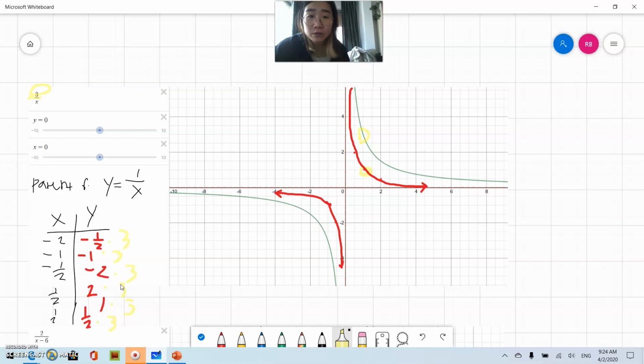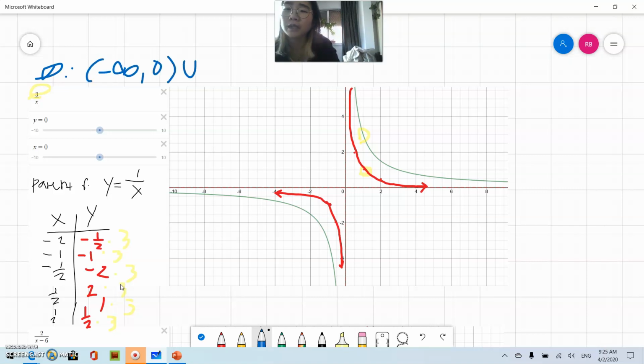But my asymptote is still x equals 0 and y equals 0. It's the x-axis and y-axis. Okay, so nothing happened to my asymptote. So then the domain would be from -infinity to 0 and 0 to infinity, and the range is exactly the same, okay? And my asymptotes are these two.